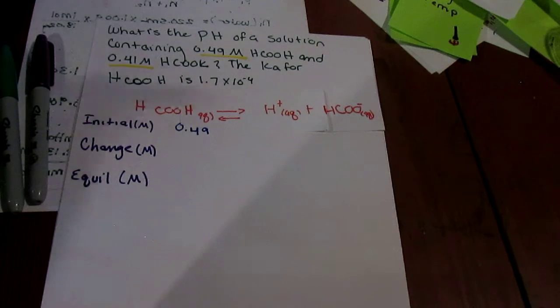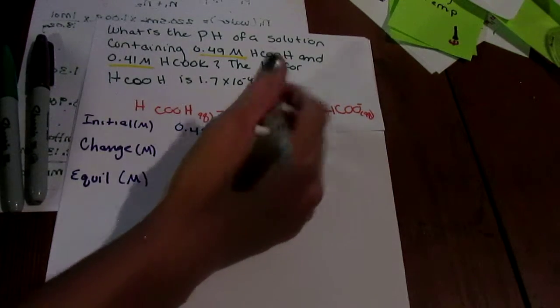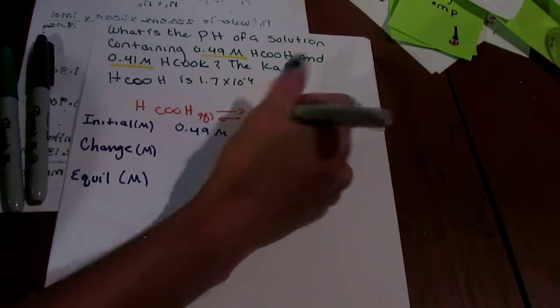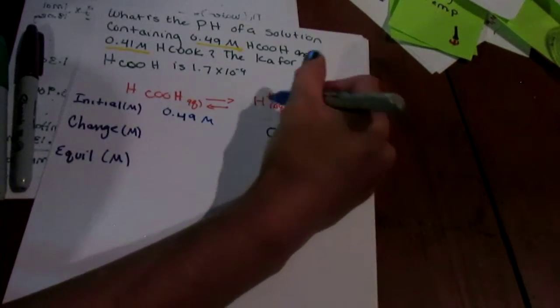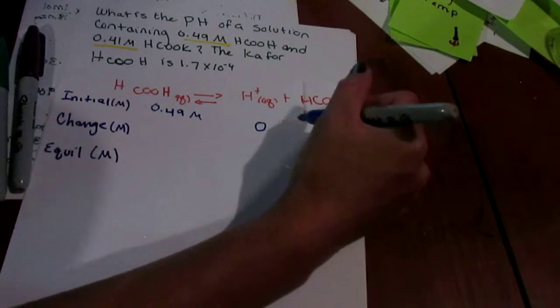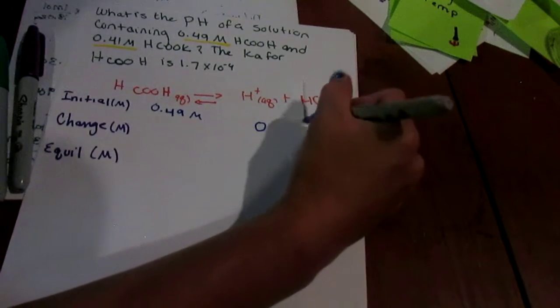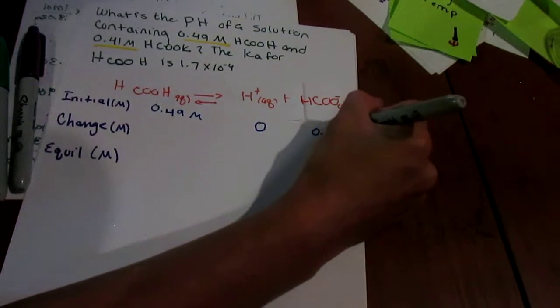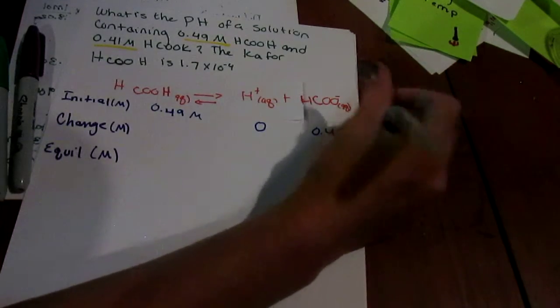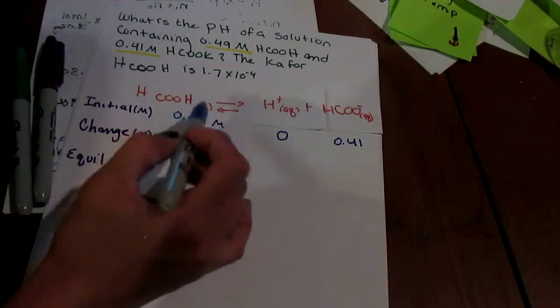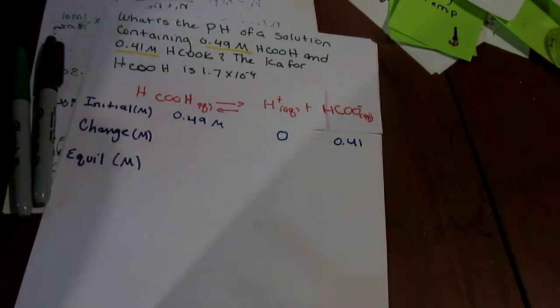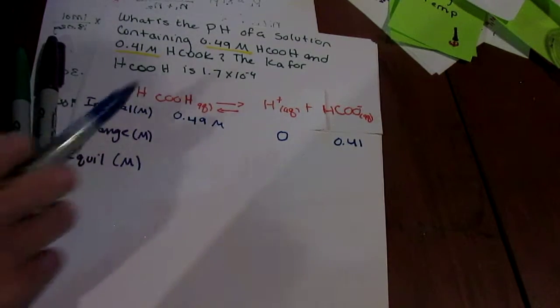We have our initial concentration for our reactant side. Now we don't have any hydrogen right now, but from the problem we have 0.41 for HCOO.